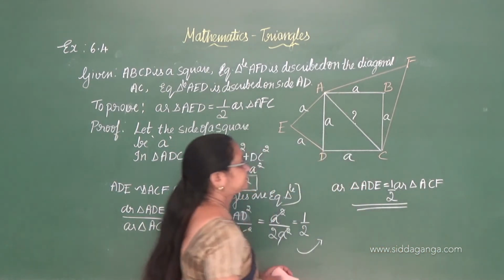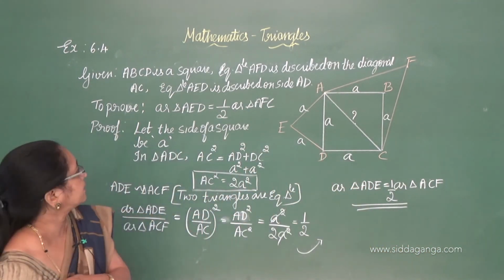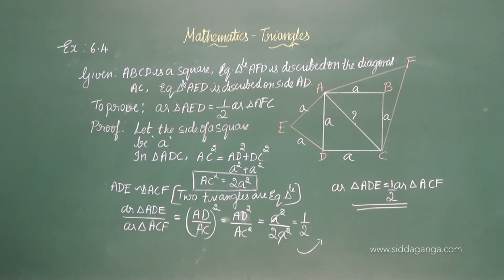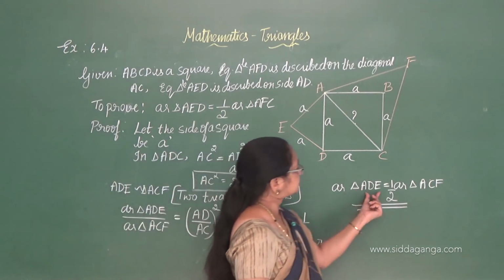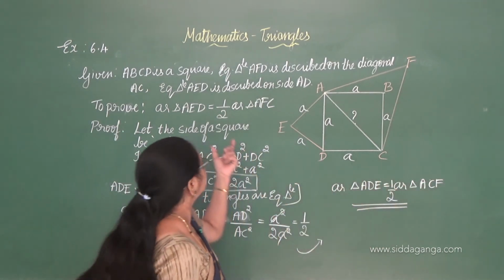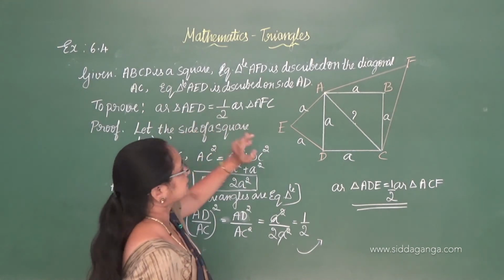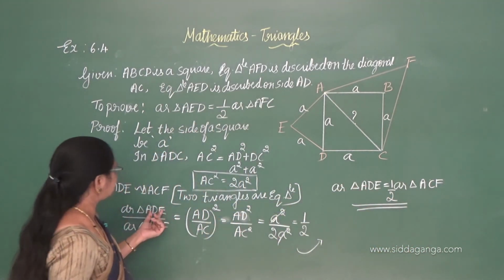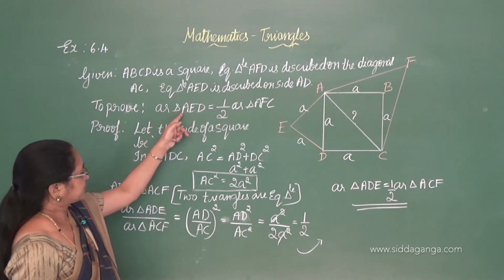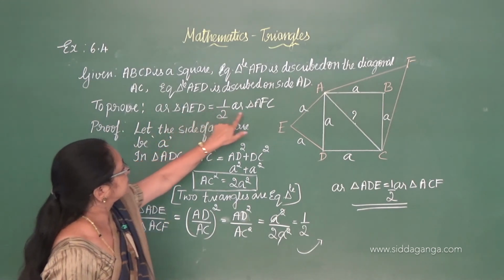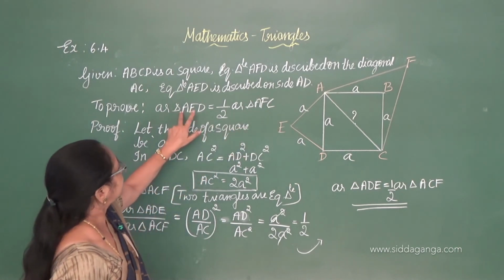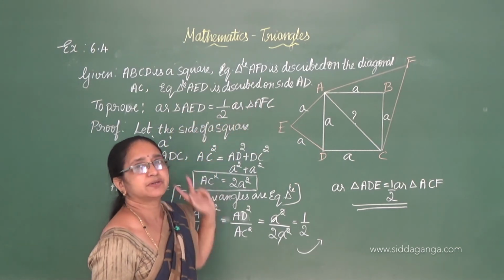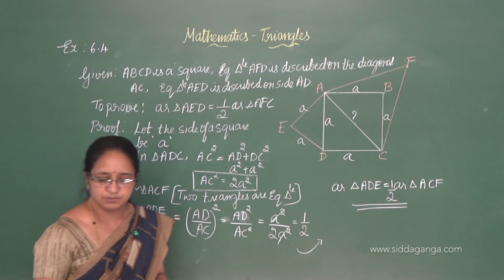Hence proved. Understood? You can interchange these alphabets also according to the question, no problem. If you change the alphabets also, you will get the same. See here, AD by AC whole square, you can do it, okay, no problem.